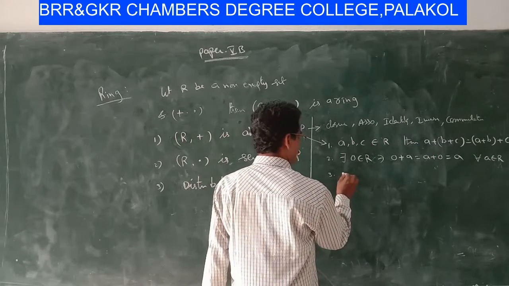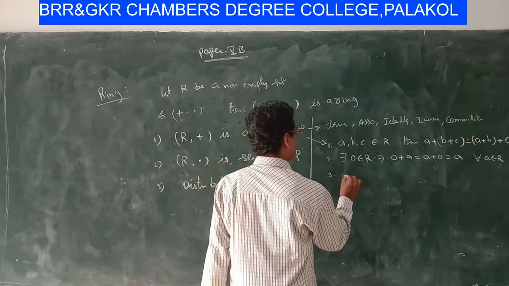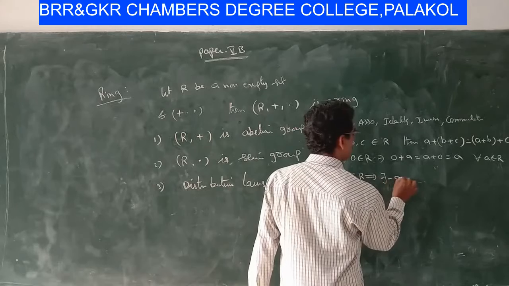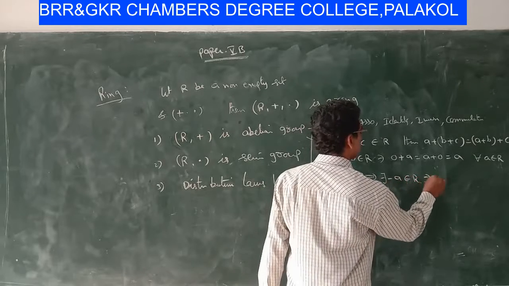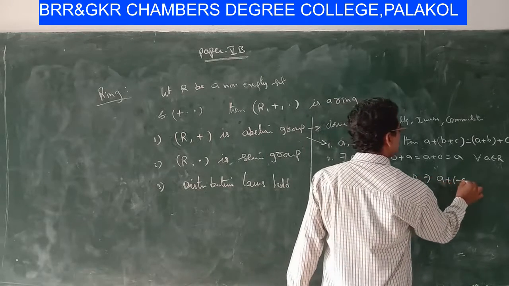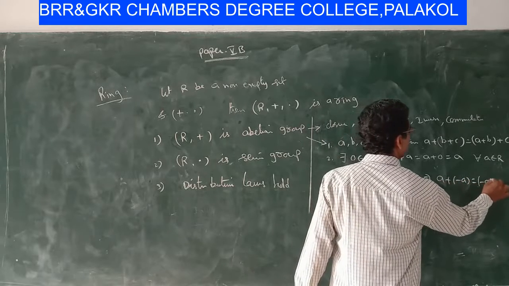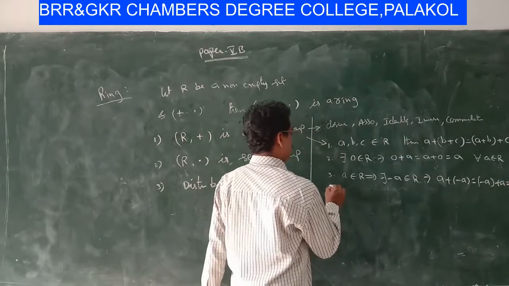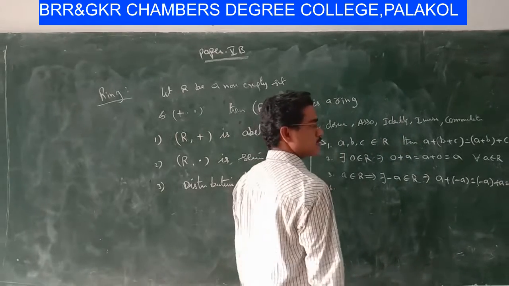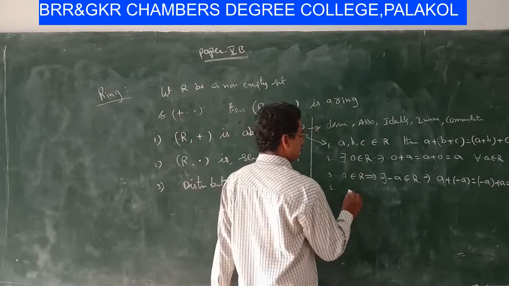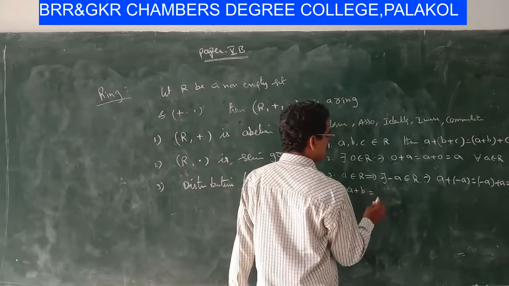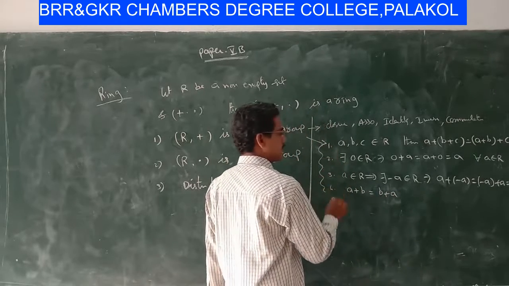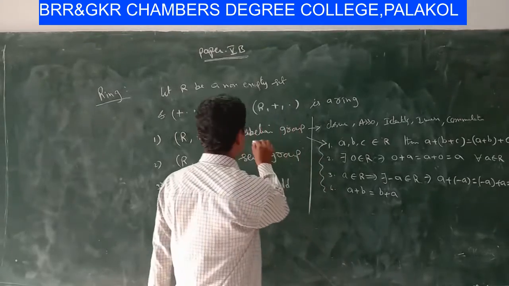Some A belongs to R implies there exists minus A belongs to R such that A plus of minus A equal to minus A plus A equal to 0. This is inverse. Next, commutative. A plus B equal to B plus A. So these conditions are satisfied, then it is a abelian group.